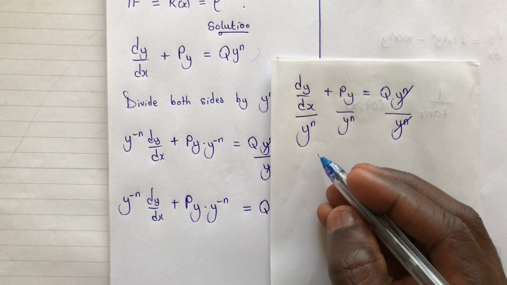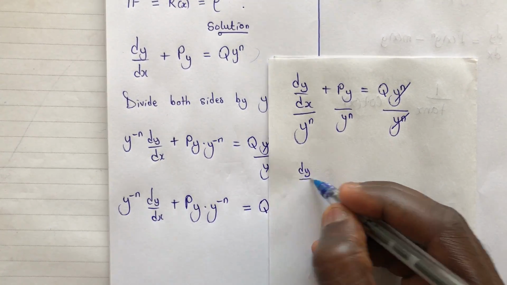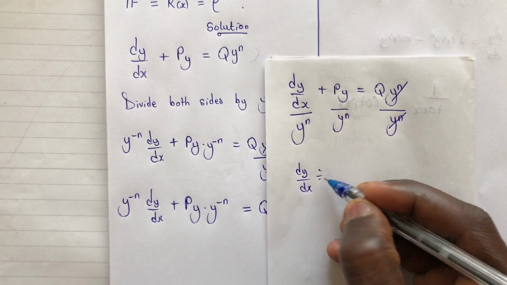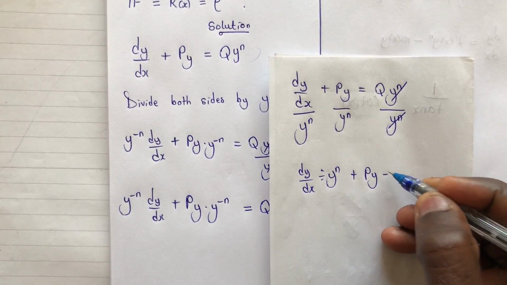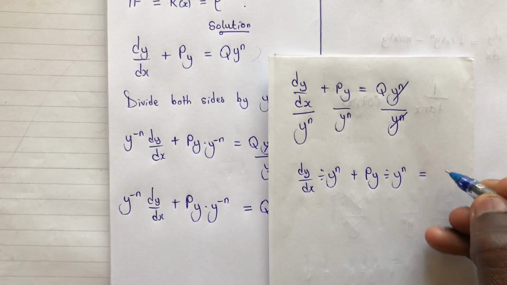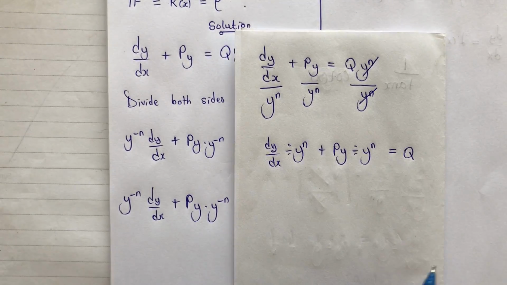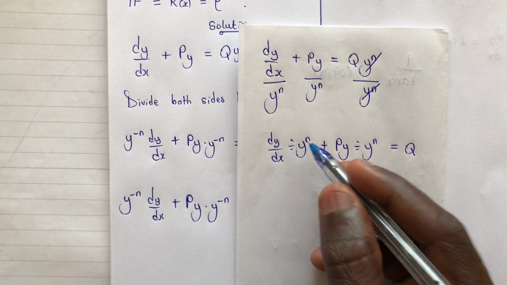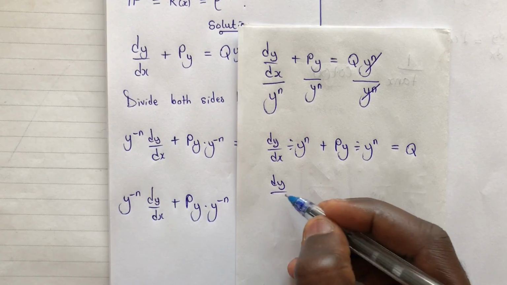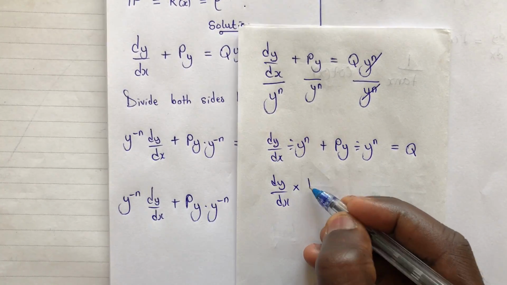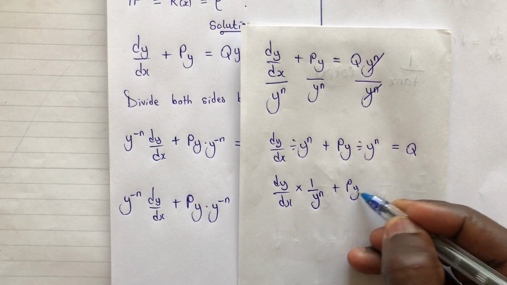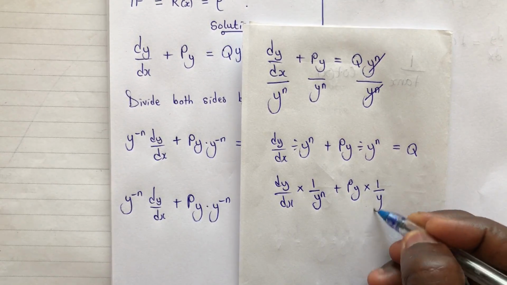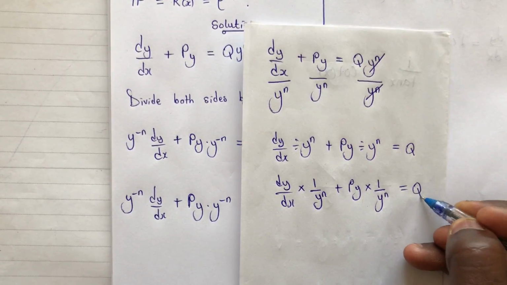So this is the same as dy/dx divided by y^n + Py divided by y^n = Q. Now you can take the reciprocal, so you have dy/dx times 1/y^n + Py times 1/y^n = Q.